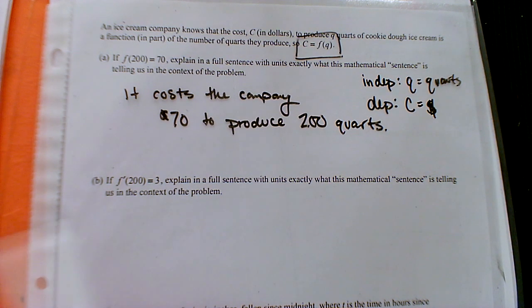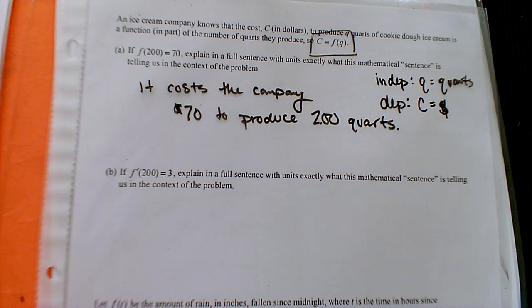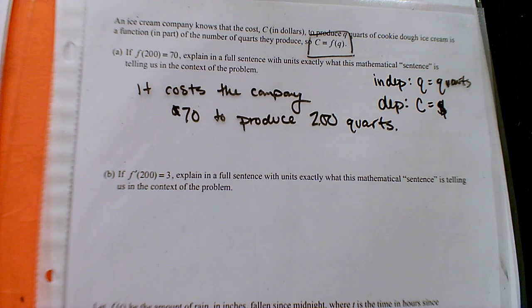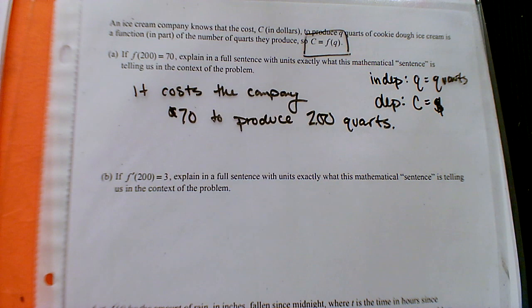What about the next one? F prime of 200 equals 3. Want to give it a shot?